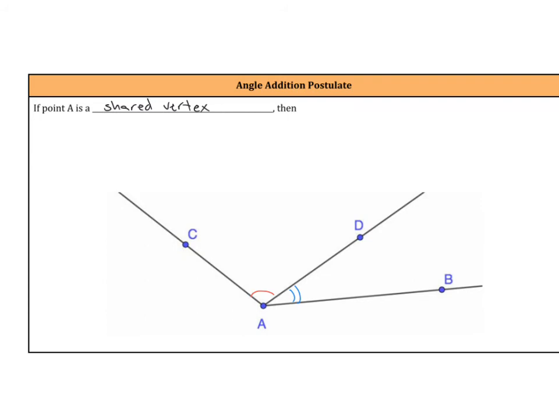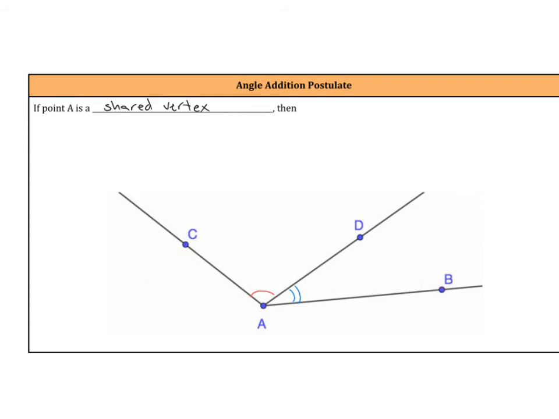Now notice that I marked these two angles with not just different colors, but different numbers of arcs. And again, this is to signify that these are not congruent. In other words, the measures of these angles are not the same. But I have these two angles, and they not only share a vertex, but they actually form together the whole angle CAB.